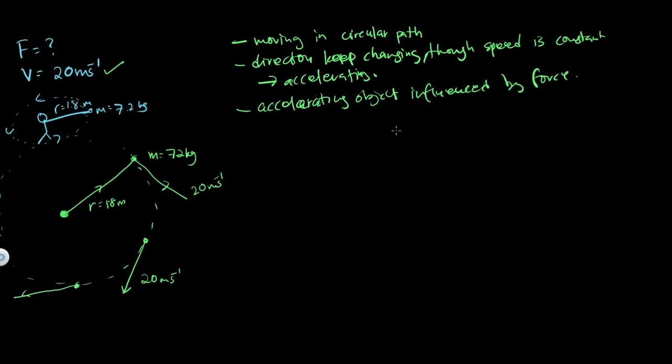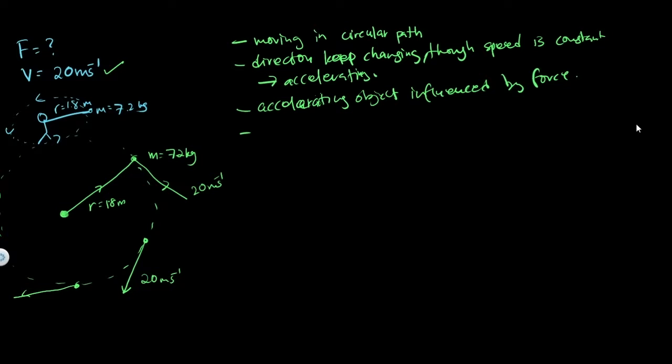Remember what you had learned in Form 2. Force is needed to change the direction or to change the velocity. Of course the velocity, because velocity also depends on the direction. So there must be a force acting on this object.